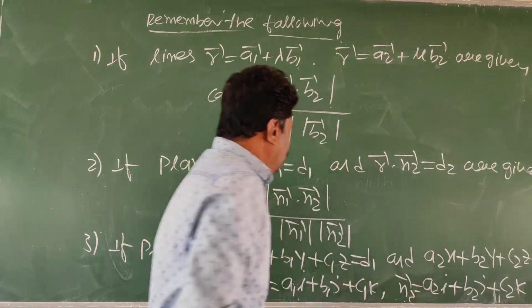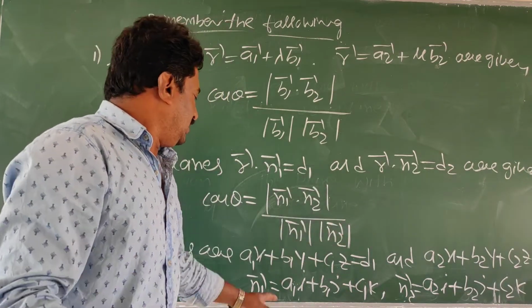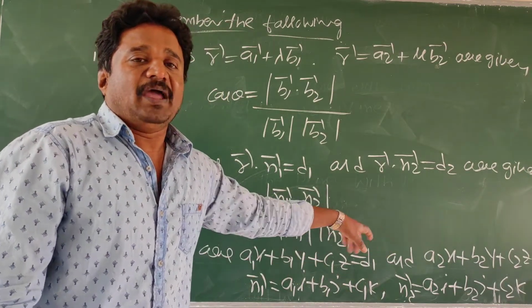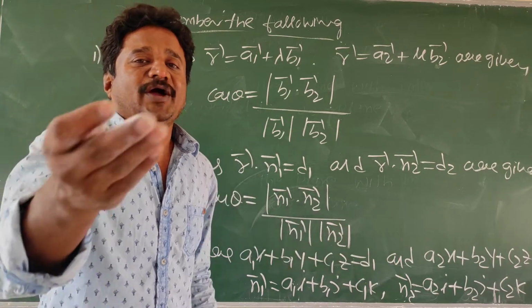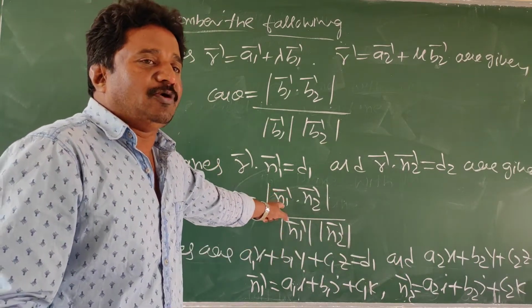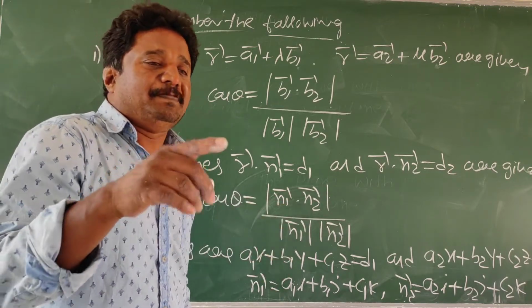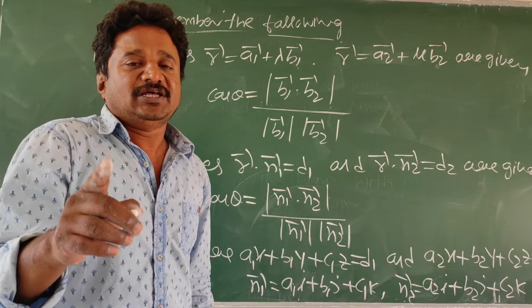If planes are given in Cartesian form, again you collect the normal vectors. By having normal vectors, finding cos theta is so easy. This is the formula we use to find the angle between planes whenever normal vectors are available.